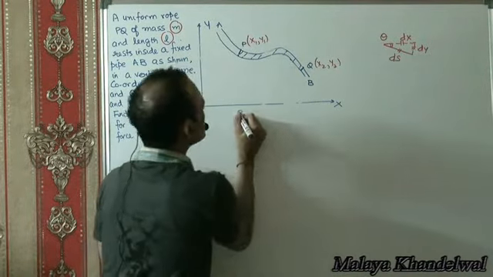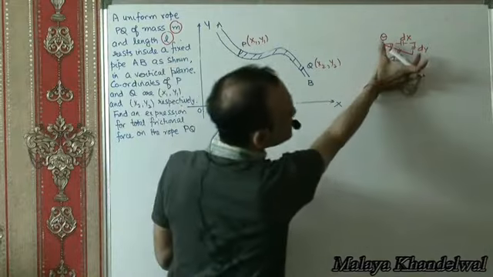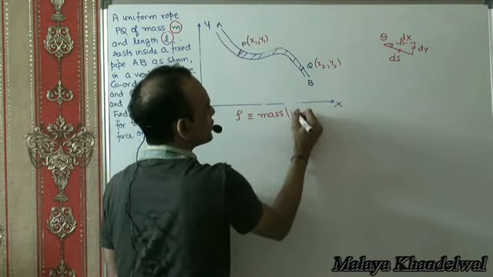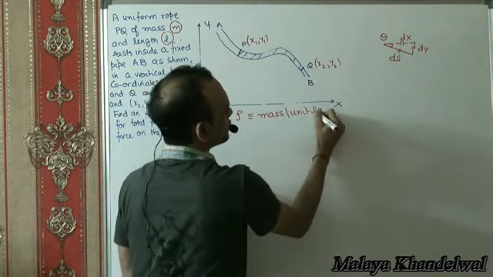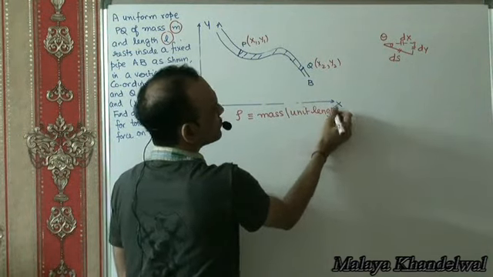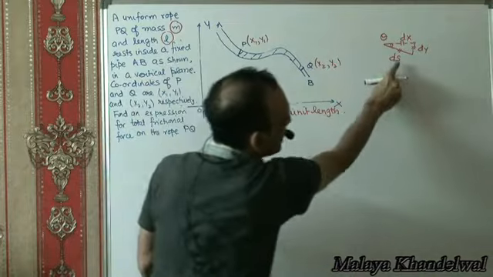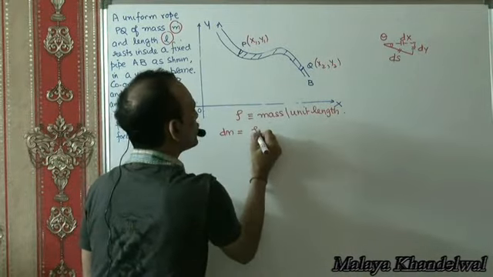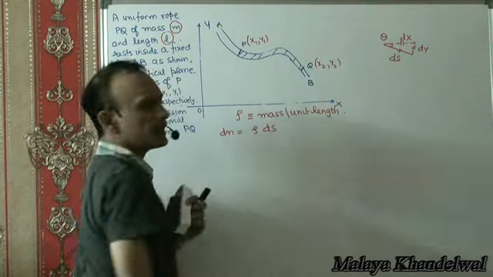And let's say rho is the mass per unit length of the rope, which is given to be uniform. So what's the mass of this ds? The mass of this ds is going to be rho into ds, right?